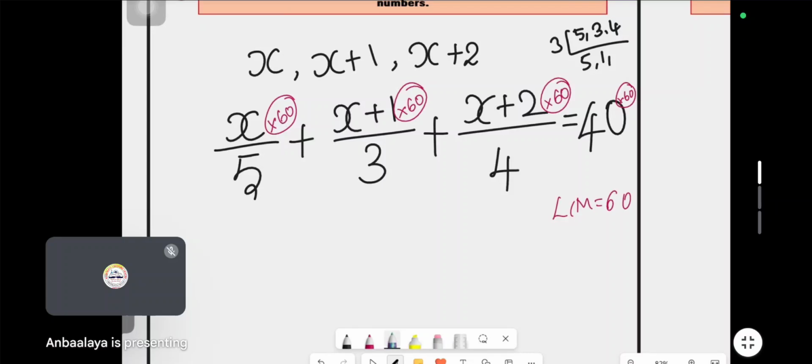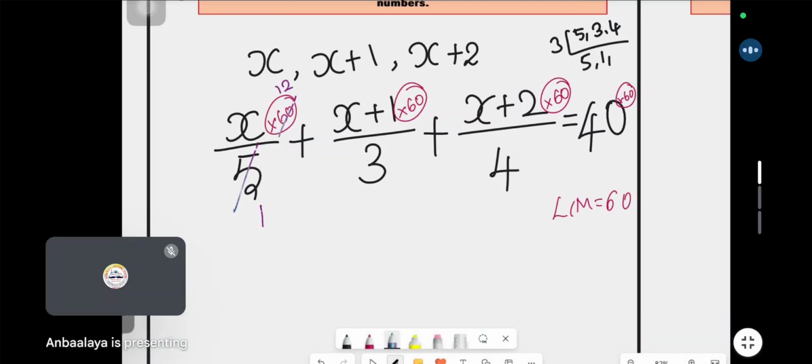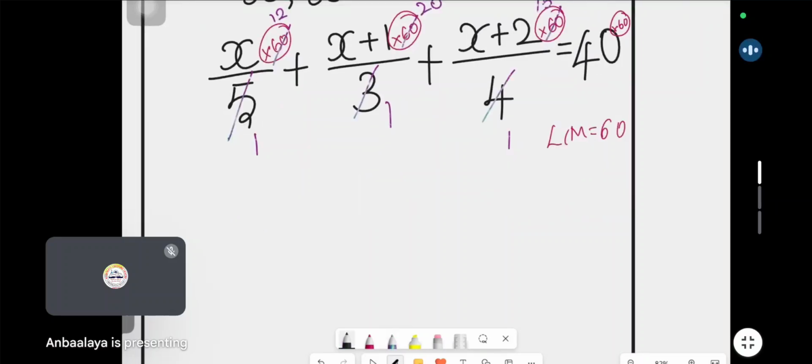How many times does 5 go into 60? 12 times. For 3 and 60, 20 times. For 4 and 60, 15 times. Very good. Okay, now we can go with the next step.